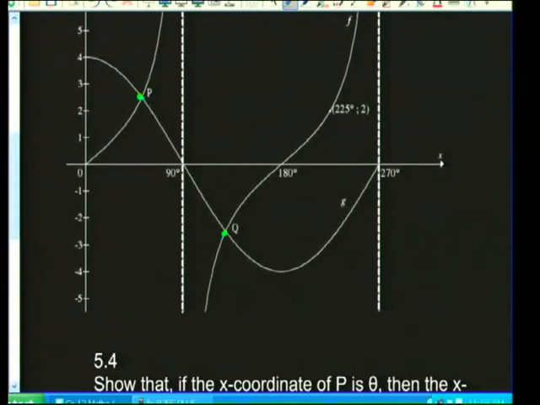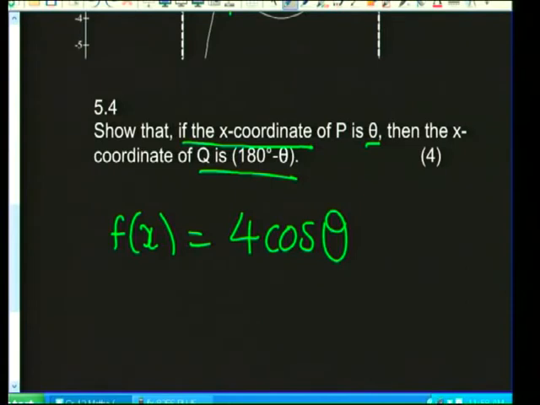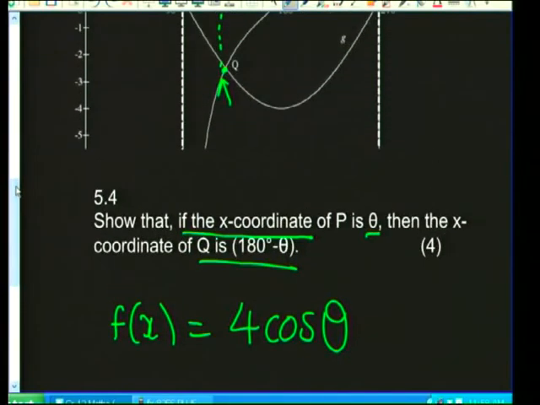Now we need to find what the x of this is, in other words, what this point is up here. So remember that the equation for P was 4 cos theta, right? No, f was 4 tan theta.